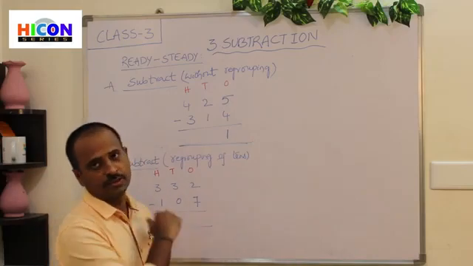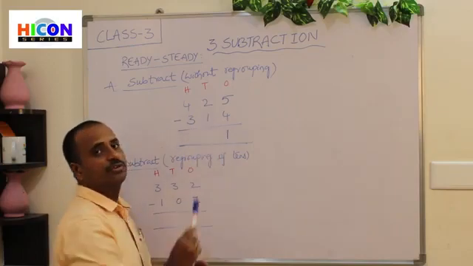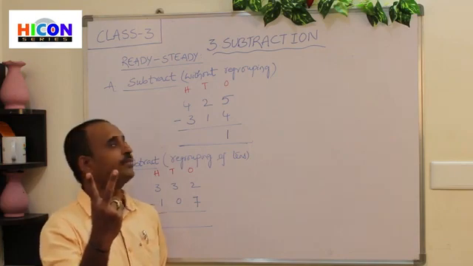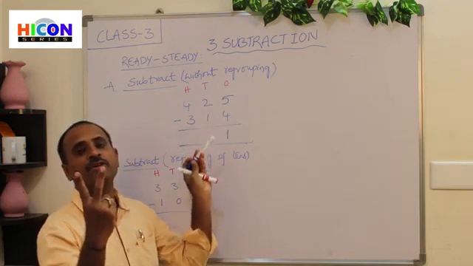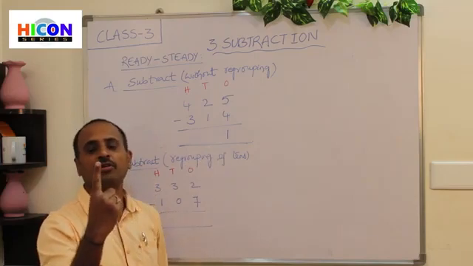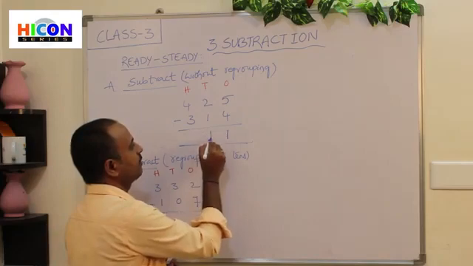Now go to the tens place. What is the first number here? 2. So open 2 fingers of your hand: 1, 2. What is the second number here? 1. So close 1 finger. How many fingers are left here? 1 finger is left. So write 1.